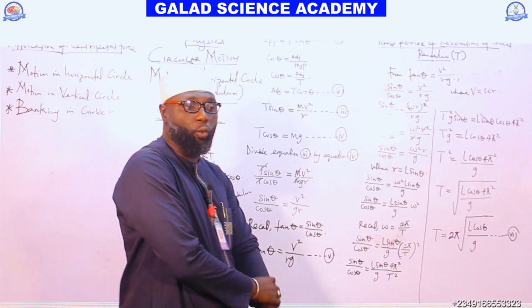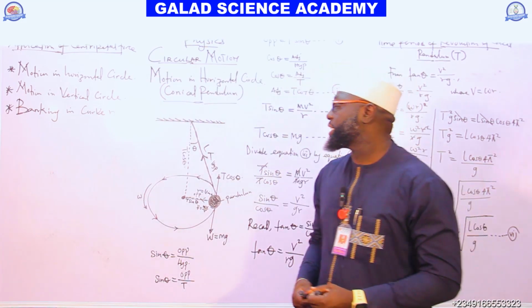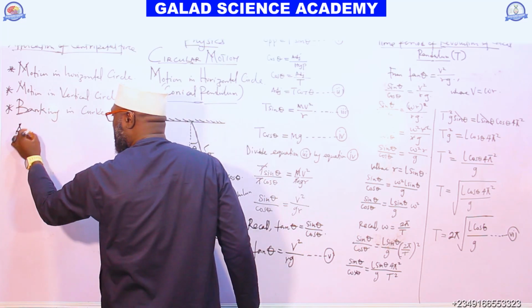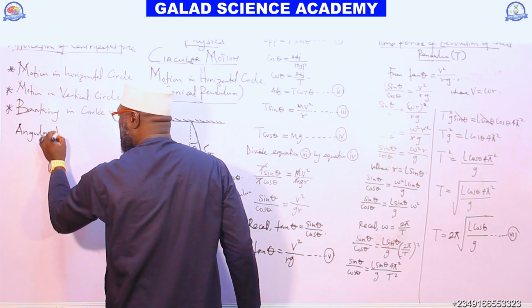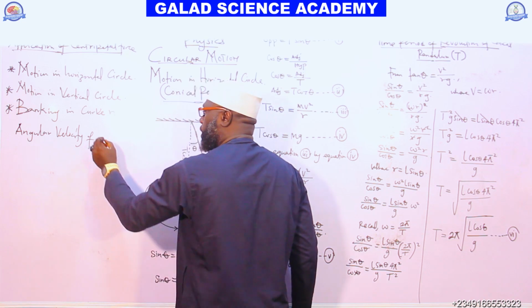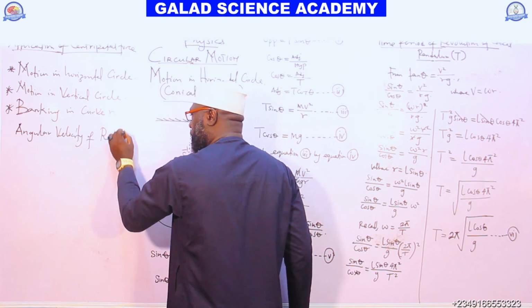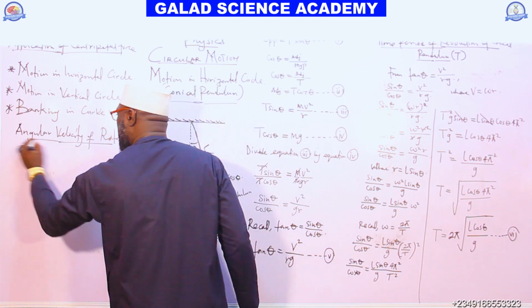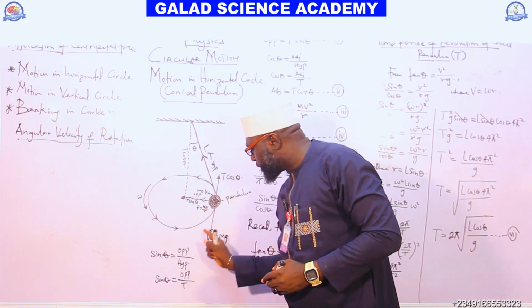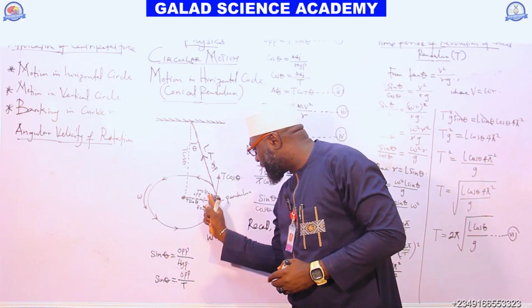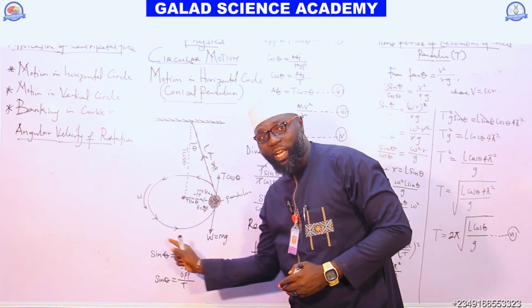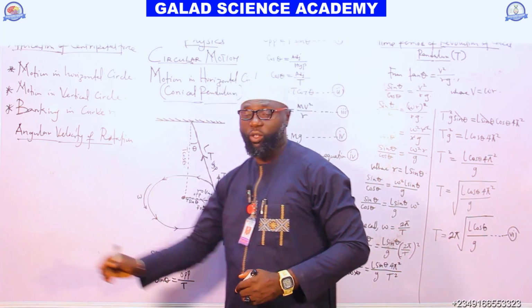And the next thing we need is let's check the angular velocity of rotation. So the angular velocity used by the pendulum, conical bob or pendulum, to move along a circular path is called angular velocity.